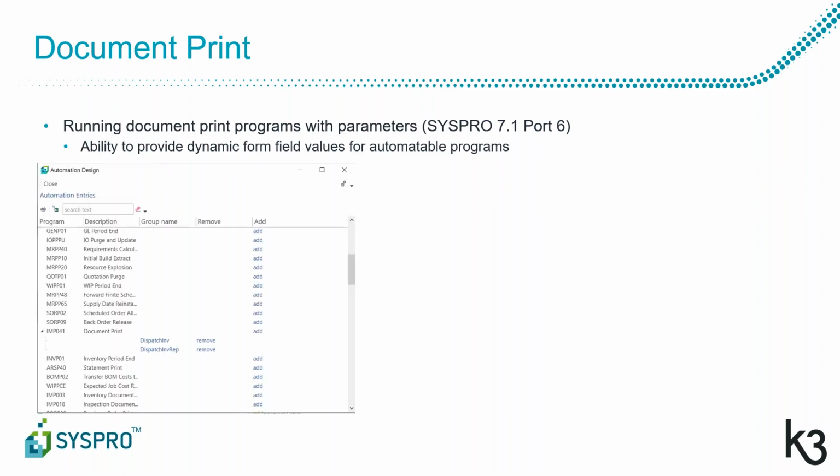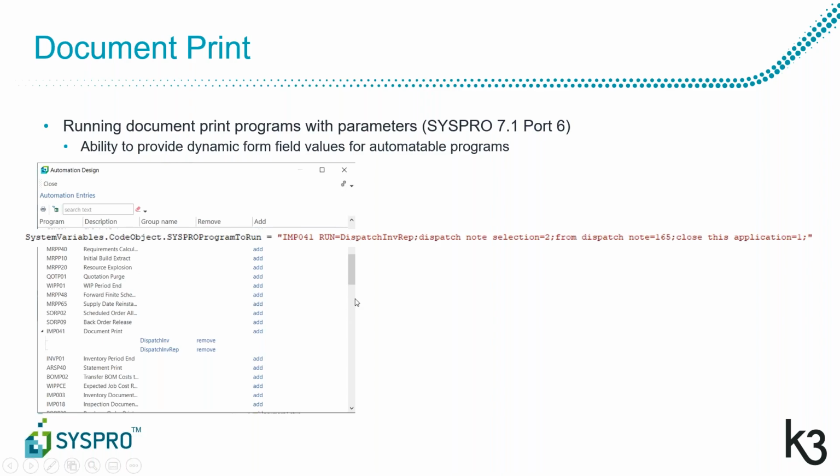So in automation design, I've set up a dispatch invoice group and a dispatch invoice reprint. All within those groups, all that is checked is the dispatch invoice option, a reprint if it's the reprint, or not a reprint if it's not, depending on my group here. What that means is either within SYSPRO VBScripts itself, I can run those tasks and then pass in additional values.